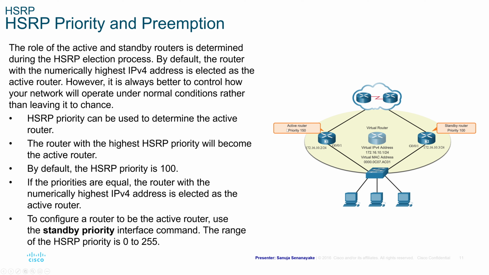As a result of the standby priority being 150, which is higher than the other one, which has a priority of 100, R1 becomes the active router and R2 becomes the standby router because the standby priority value is higher on R1 than on R2.